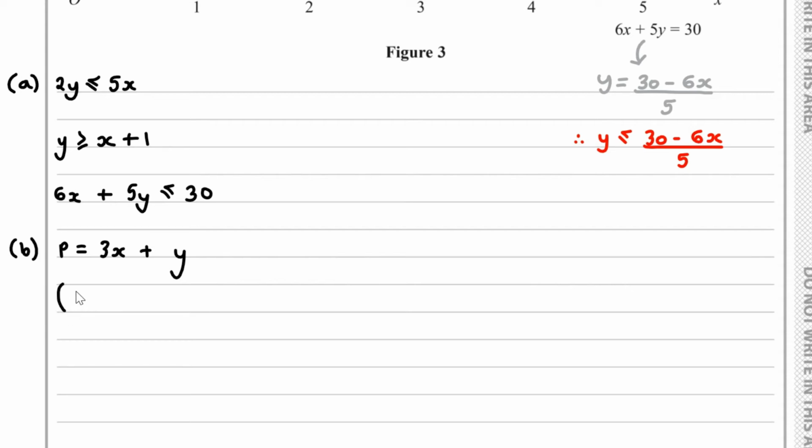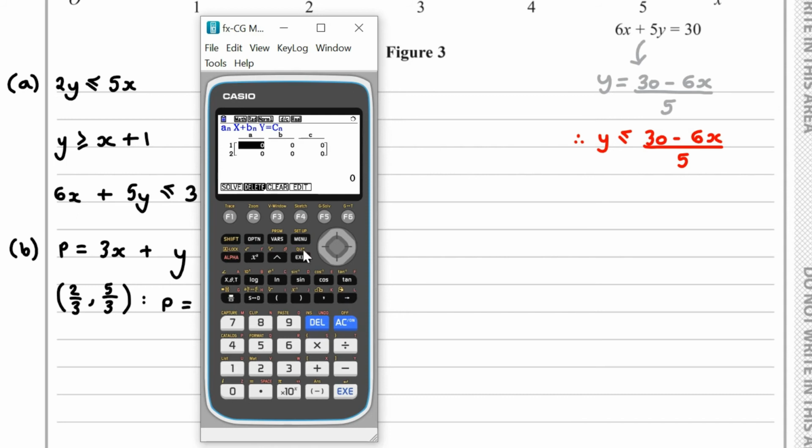If we substitute in the 2/3 and 5/3, we've got p equals 3 lots of 2/3 plus 5/3. So if we work this out, let's just go to the calculation matrix.